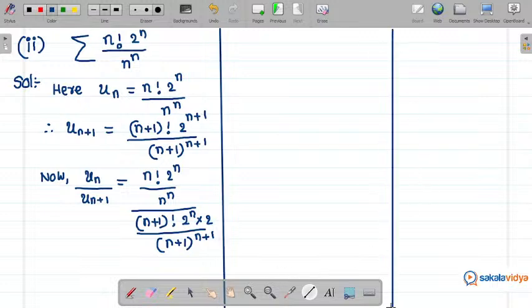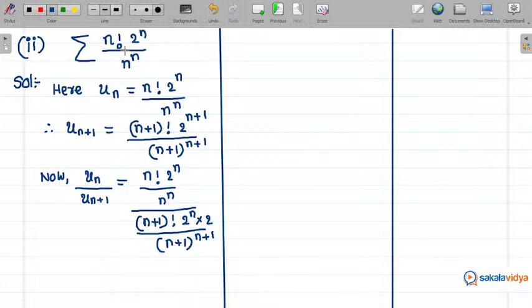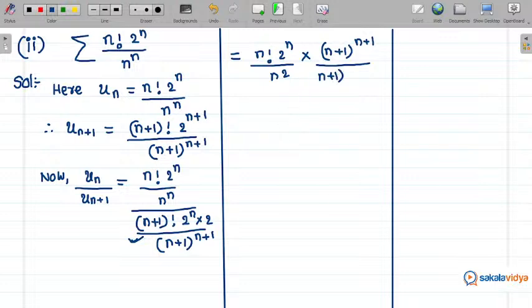Next, see how to simplify this one. This equals n factorial into 2 to the power of n by n to the power of n, multiplied with the reciprocal of this one, that is n plus 1 all to the power of n plus 1 by n plus 1 factorial into 2 to the power of n into 2.